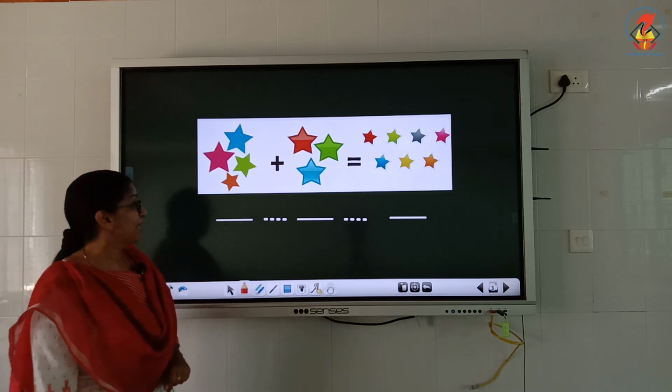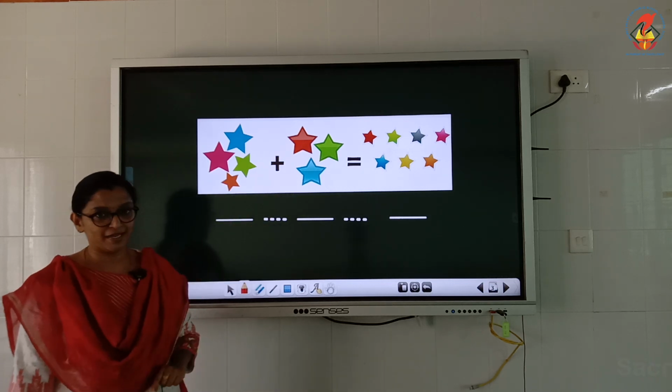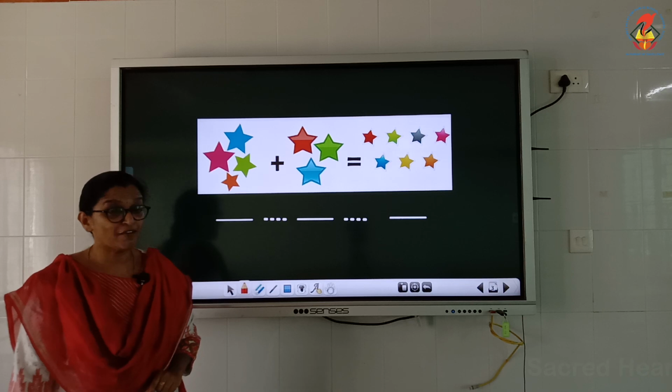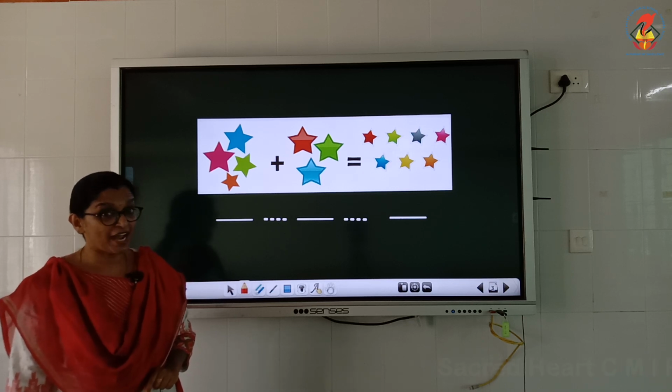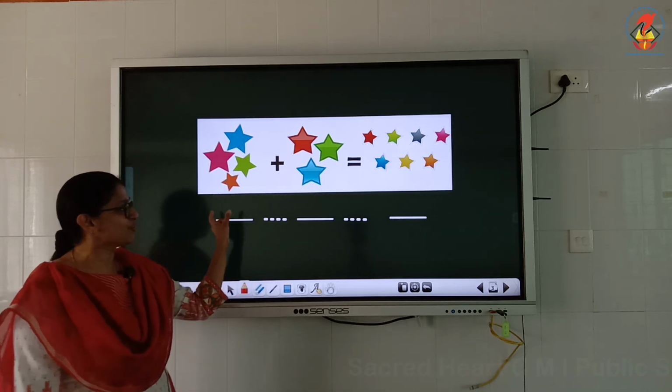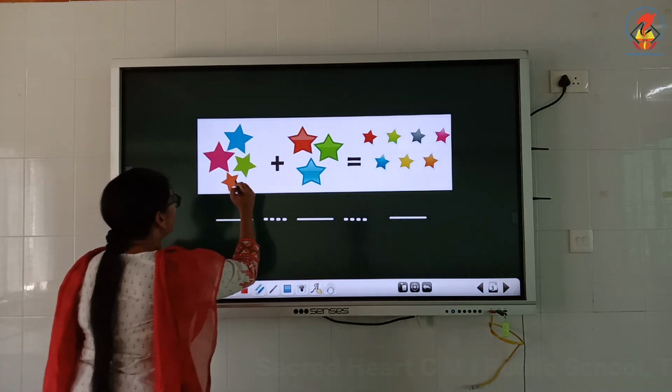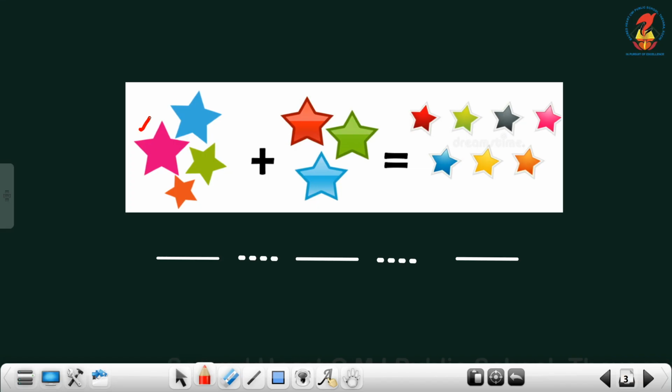Here we have two groups of stars. First, you have to count and write the number of stars in each group. In the first group, I have 1, 2, 3, 4. 4 stars. So, I will write here number 4.